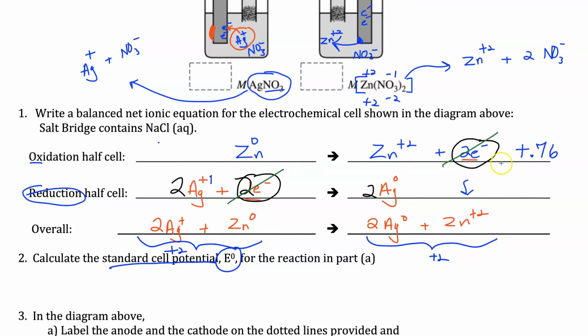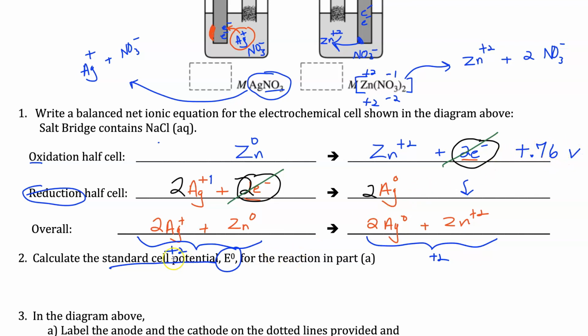It was the opposite as written. Remember, the standard reduction potential table is written as reduction, so when we want oxidation, we have to flip the sign. It was negative 0.76 when zinc plus 2 gained 2 electrons to make zinc, but talking about the opposite, it's positive 0.76.